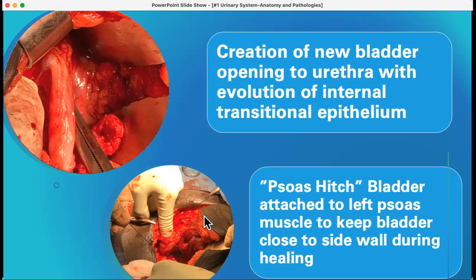And then in order to keep that from being avulsed and off too quickly with distension of the bladder and relaxation of the bladder, he did what's called a psoas hitch. So he's put an attachment of the ureter to the bladder, attached to the psoas muscle to keep the bladder close to the side wall and keep it from moving up and down while this insertion of the left ureter healed up.